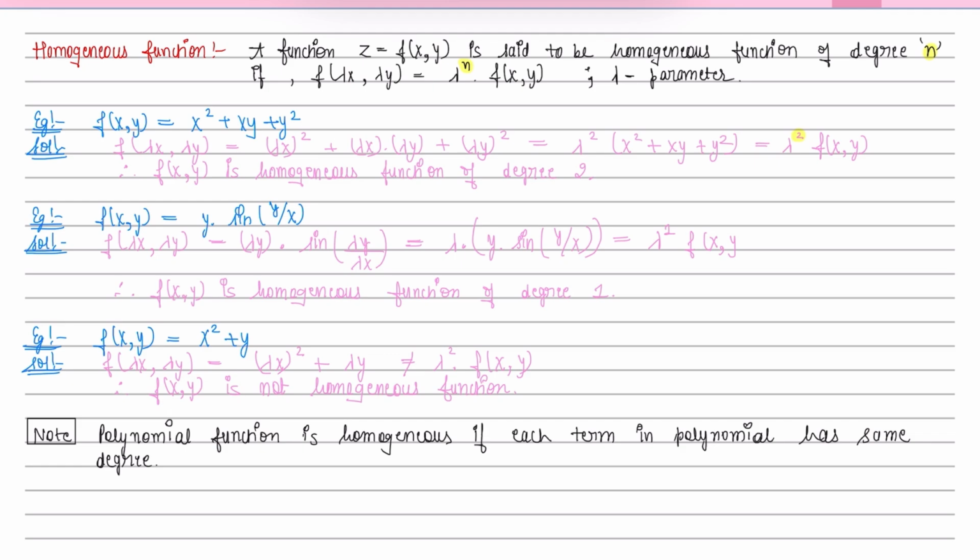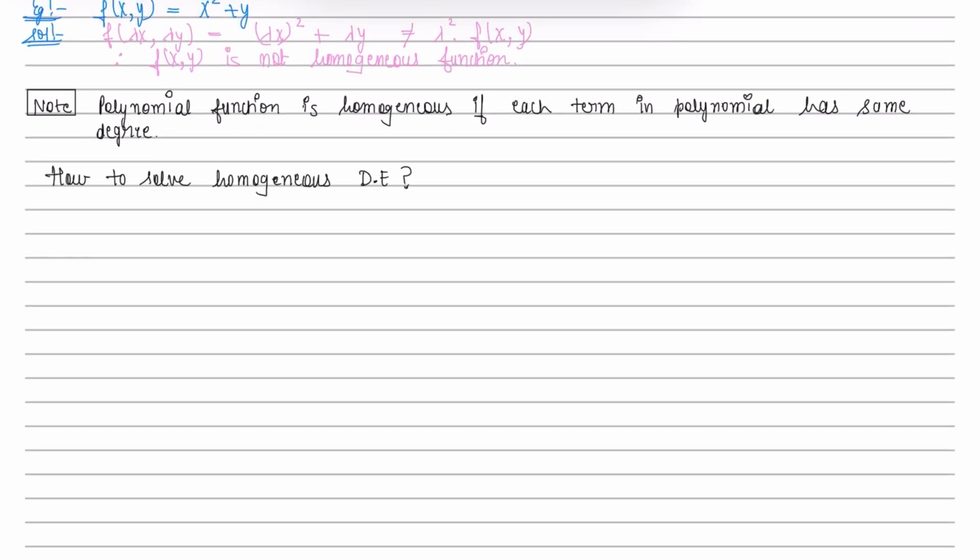The next thing we are going to understand is how to solve a homogeneous differential equation. For that, we are going to follow some simple 3 steps.